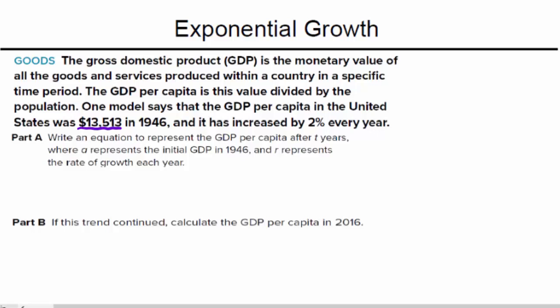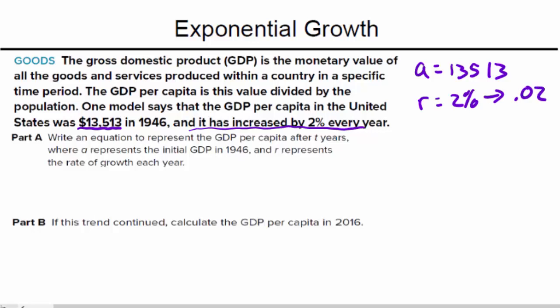So my A value here is going to be 13,513. It's increased by 2% every year, so the rate is going to be 2%, but I want to write that as a decimal, so 0.02 is how I want to use it. And then they want us to write an equation to represent the GDP per capita after T years, where A represents the initial amount. Okay, so I already got that information.